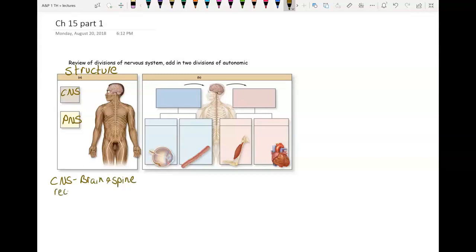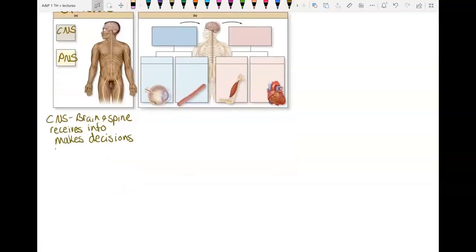This is what receives information, makes decisions, and gives commands. PNS is peripheral nervous system. This is all the nerves that connect your body to your CNS.